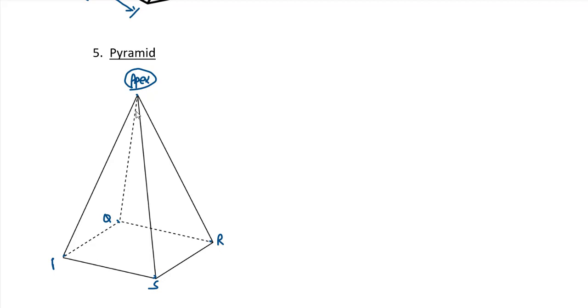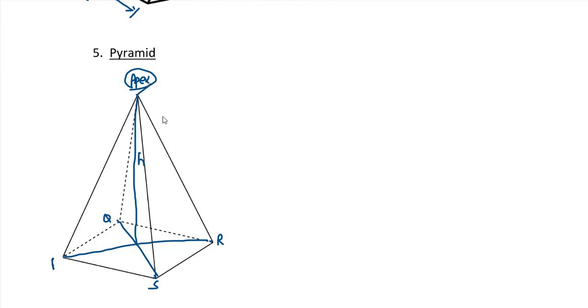If you drop a perpendicular from the apex to the base, this will represent the vertical height of the pyramid, which we will call h.